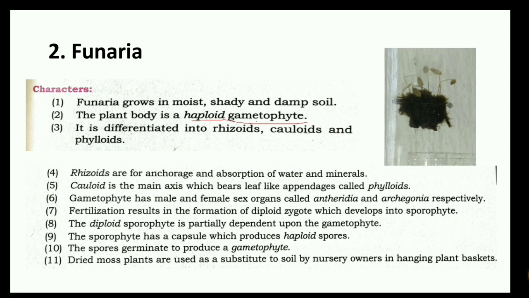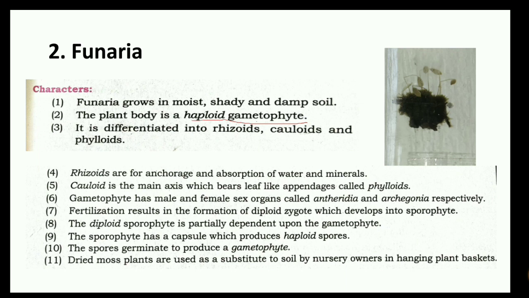Okay, so rhizoids are there for anchorage, that means to hold on to something. Okay, and also absorption of water and minerals. Caulloid is there as a central axis, just like a stem, and it provides support to the leaf. That means the leaf-like appendages over here are called phylloids.